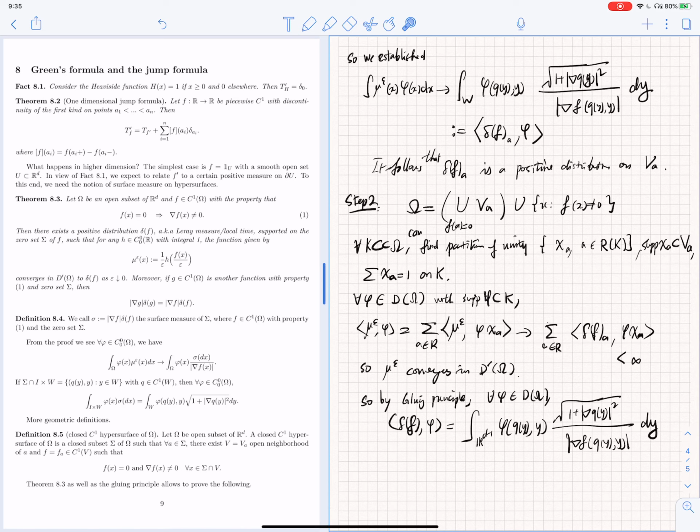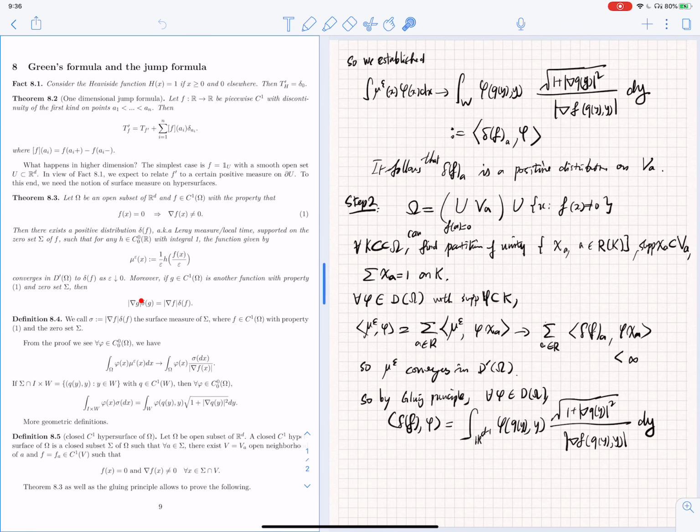Okay, this is the step where we show we have a convergence in the whole set omega. So it remains to do the final claim.